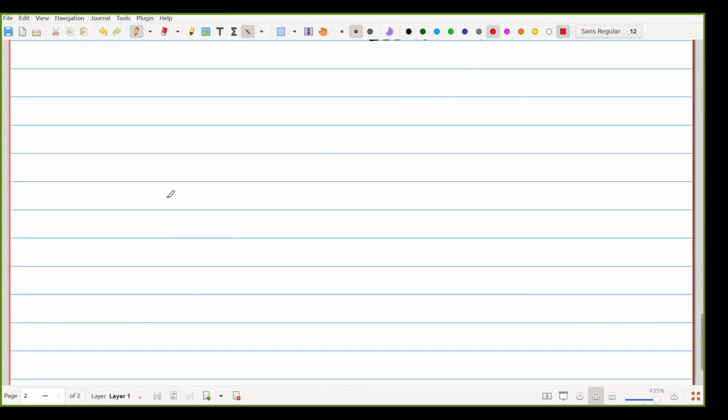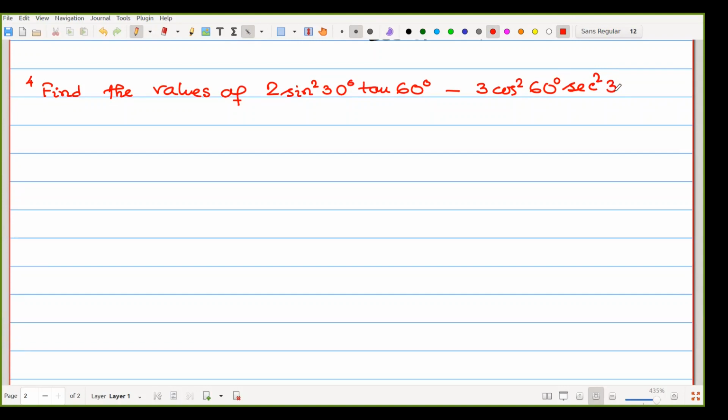The very first one. Suppose the question is like this. Question number 4: find the value of 2 sine square 30 degree tan 60 degree minus 3 cos square 60 degree sec square 30 degree.